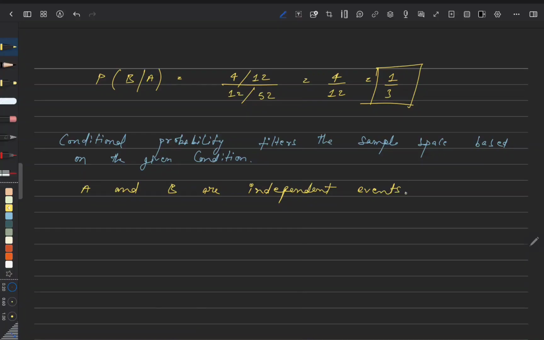When we say independent events, we mean that there is no relation between the events A and B. In those cases, P of B given A will equal simply P of B, and vice versa, P of A given B will simply equal P of A, because A and B are not related to each other and won't filter the sample space. If either of the events happens, it won't affect the other event.